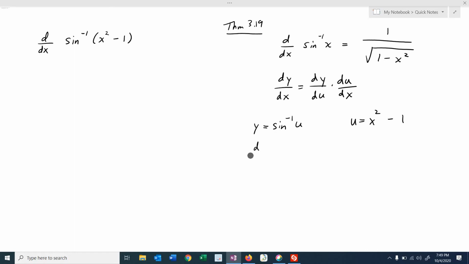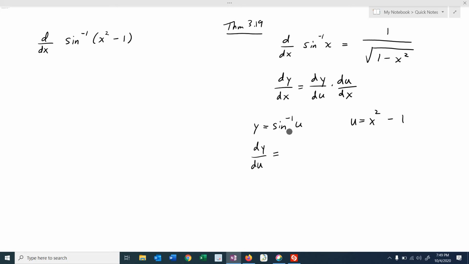Okay, so let's find dy du. We can find it using theorem 319, which says that the derivative of arcsine of x is 1 over the square root of 1 minus x squared. But instead of x, we have the variable u.